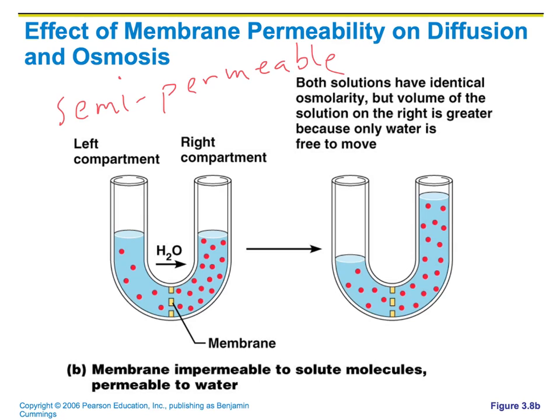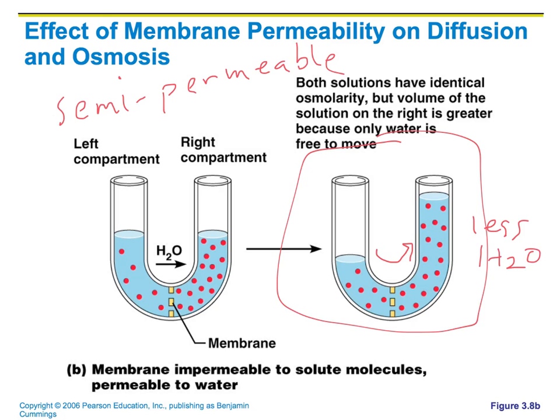So in this example over here, we note that water has moved from left to right. And the way we establish that is we note the solute concentration. The solute concentration is higher on the right, which means there's less water here. Less water, right, because the water is opposite the solute. There's less solute on the left, which means more water. And water follows its own gradient from more to less.